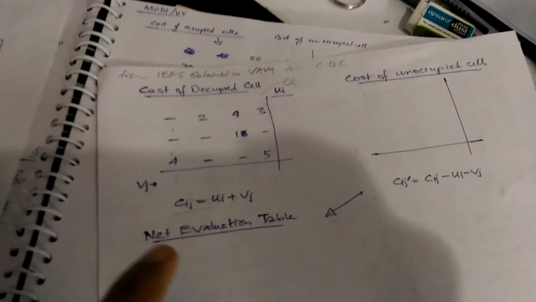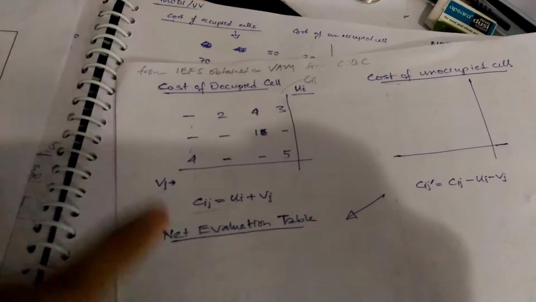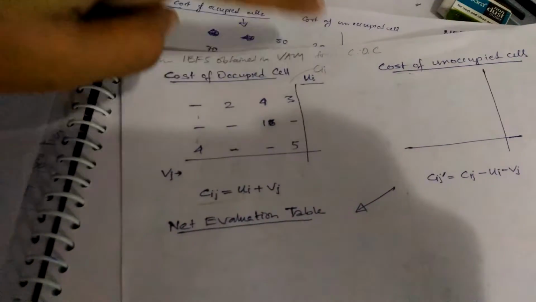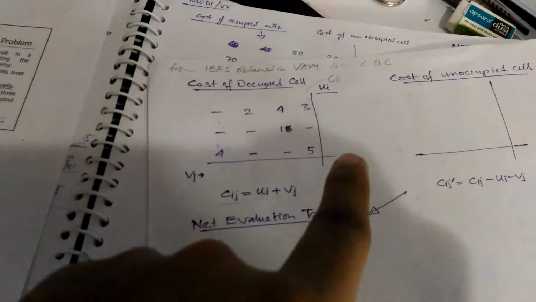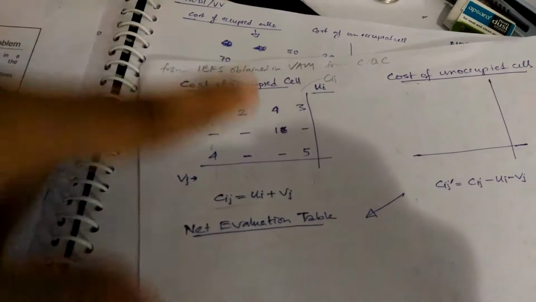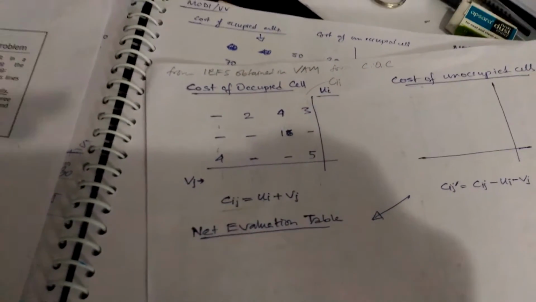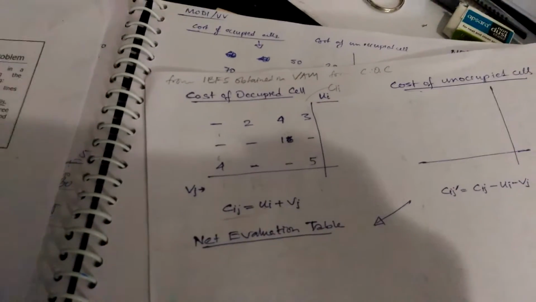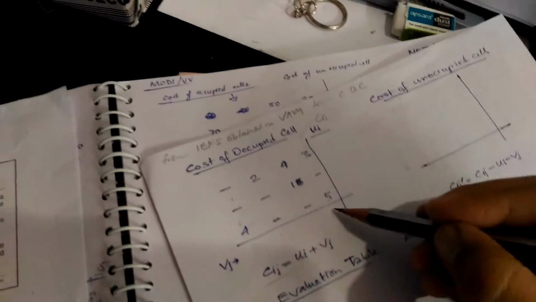Now this is our demand. So vj, and this is our supply. So ui along the row. So this is our rows, and this is our ui, and this is our columns, straightwise columns, and so this is our vj. Now we will be taking arbitrarily a value called 0. So let us take here 0.